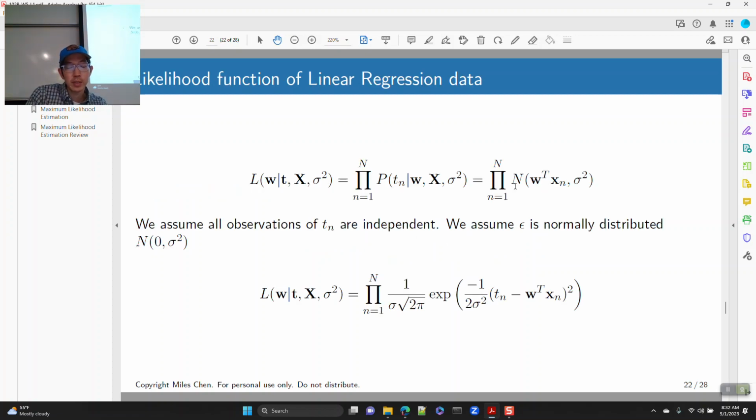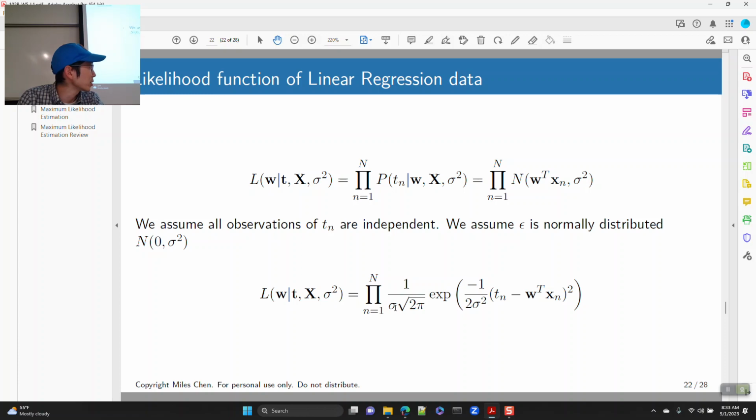Okay, so under the assumption that all of these values that we see, and the errors, are normally distributed, we can say the product of all of the PDFs is going to be 1 over root 2 pi sigma squared.